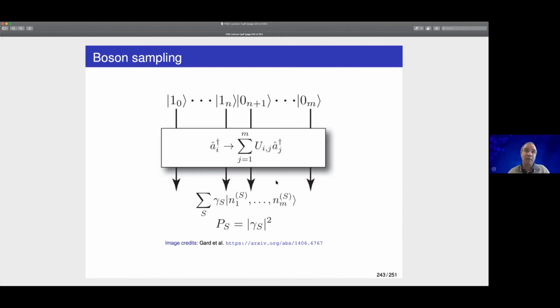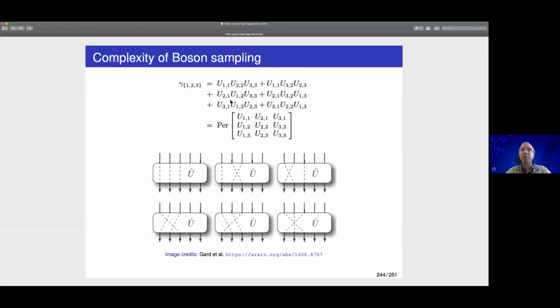So what you measure is probabilistic, and it has been shown that sampling from this distribution is difficult in practice. It's difficult for classical computers because it is related to what is called computing the permanent of a matrix.